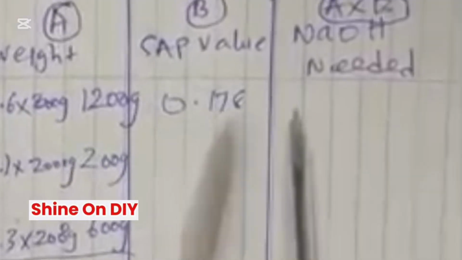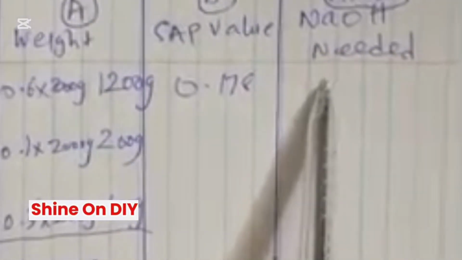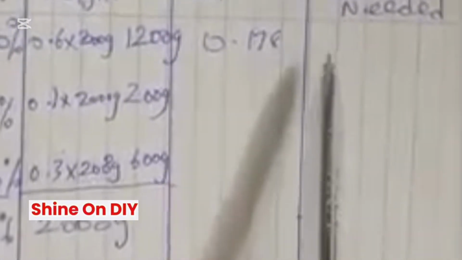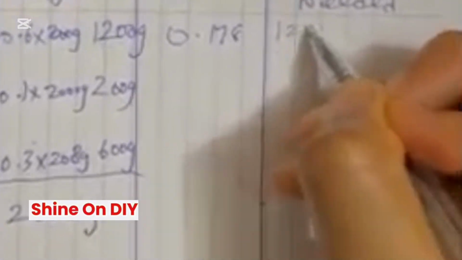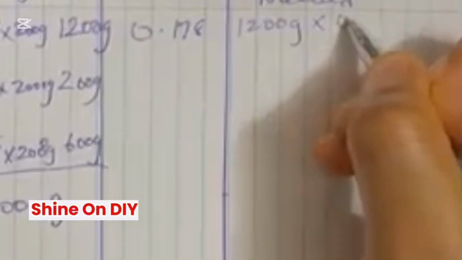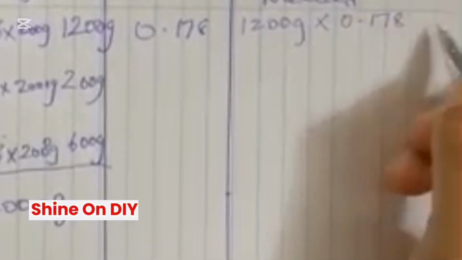Like I did to make it easier: weight is A, sap value is B. Then the amount of caustic soda needed is A times B. Meaning that to saponify this 1,200 grams of palm kernel oil, we simply do 1,200 grams, that's the weight of the oil, times the saponification value we got from our table, 0.178.